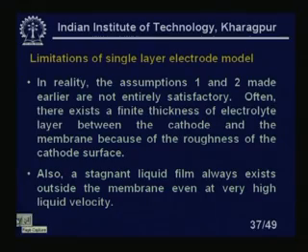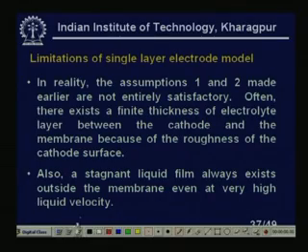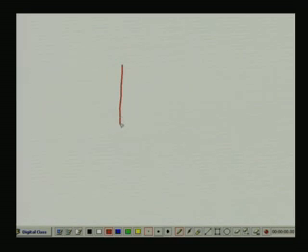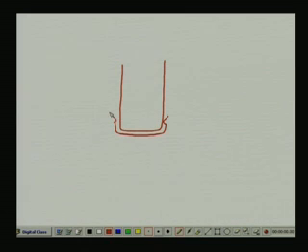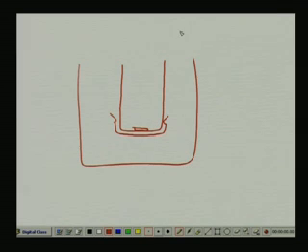Look at it very carefully, it will look like this. The probe is like this, we have a probe here, the membrane. We have a cathode here and we are inserting this inside a liquid.